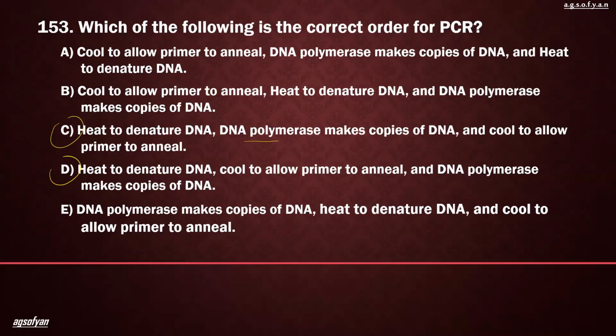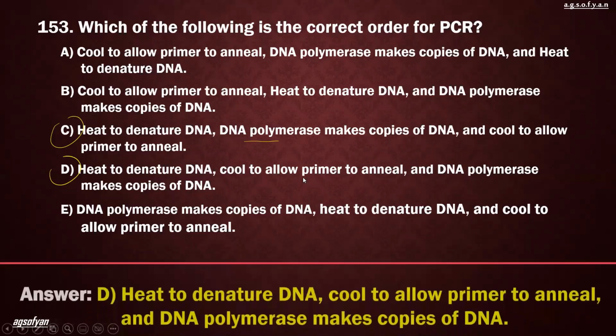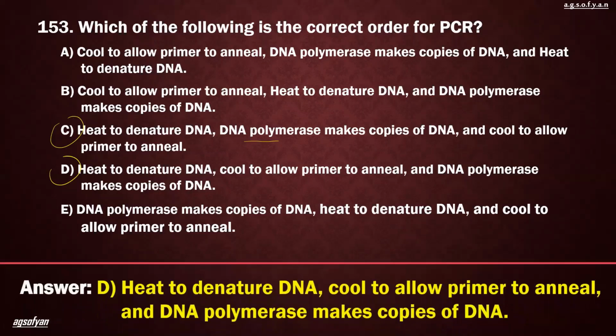So that should be, oh, sorry. We heat to denature and then cool. We have to cool it first, and after that, add the DNA polymerase to make a copy of that DNA. Okay, sorry about that.